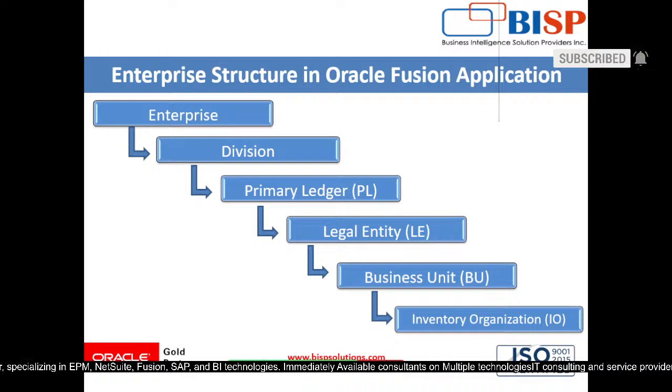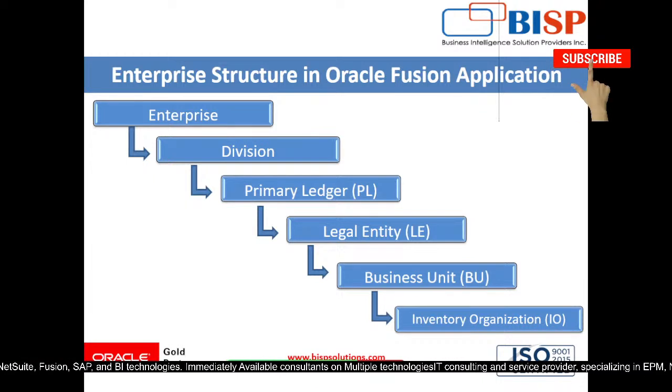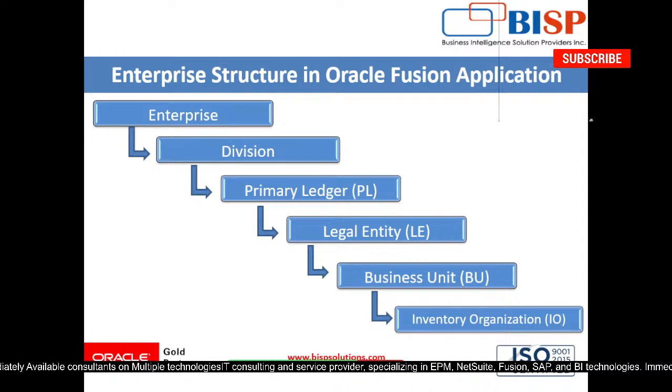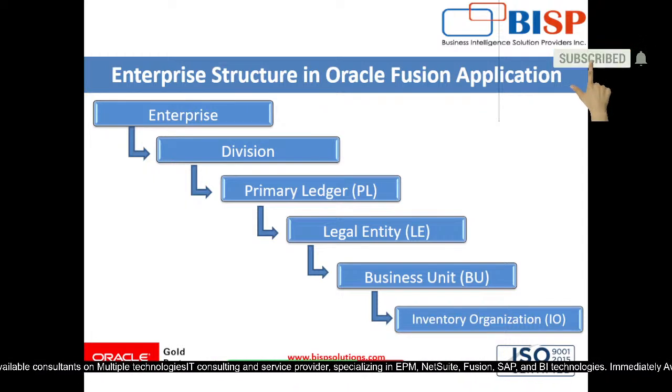We already saw in our enterprise section how to create the divisions, right? But this is an option, so you may or may not create it as per your client requirement. This is division.